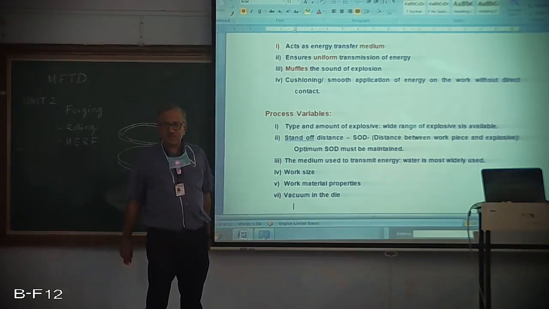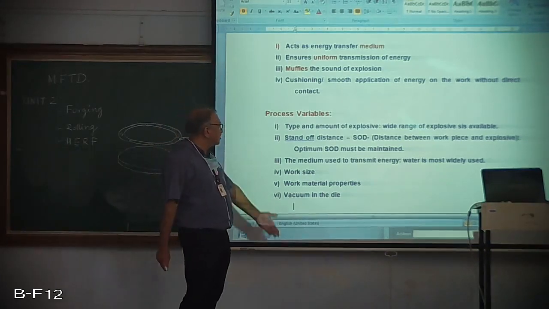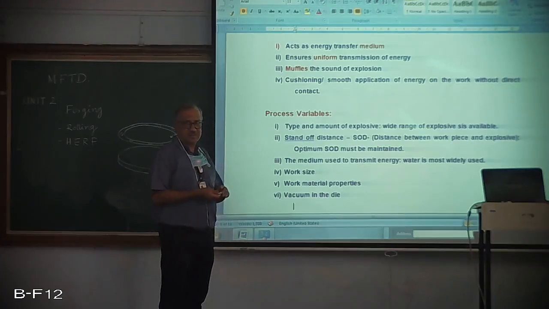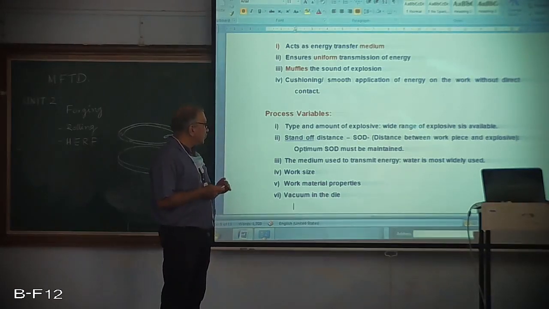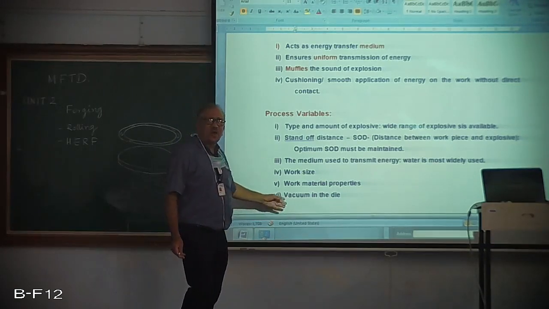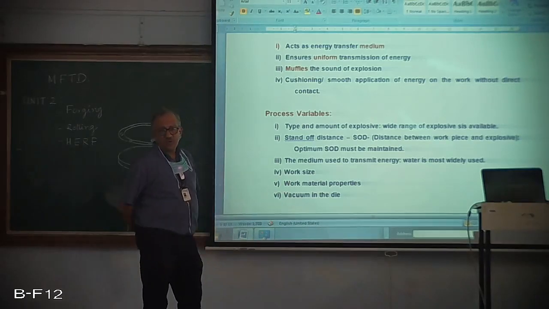What are the factors to be discussed? So these are the factors or the process variables, important parameters, you can say, which have to be considered while designing and operating one explosive forming process.